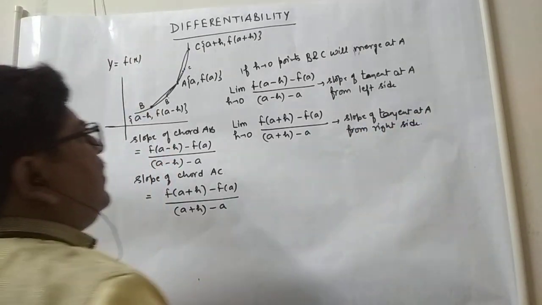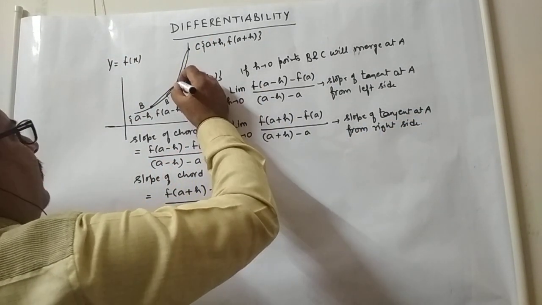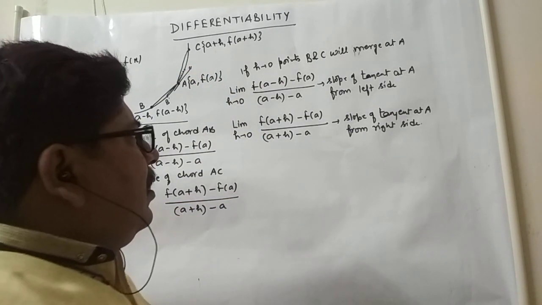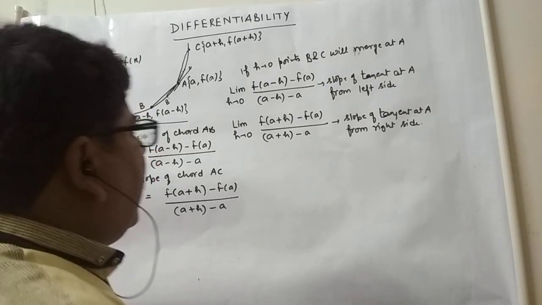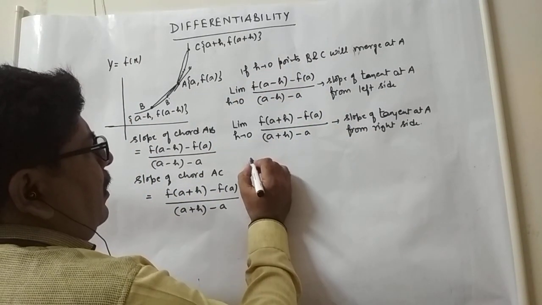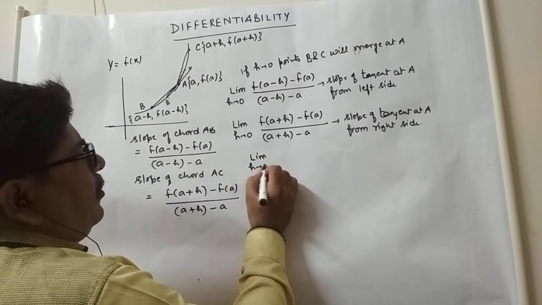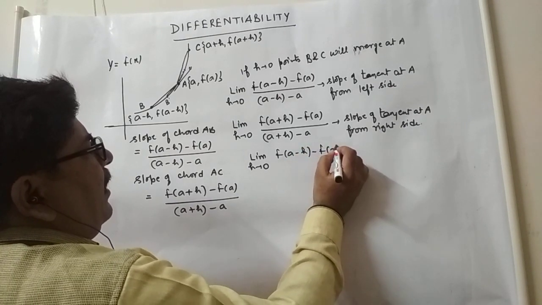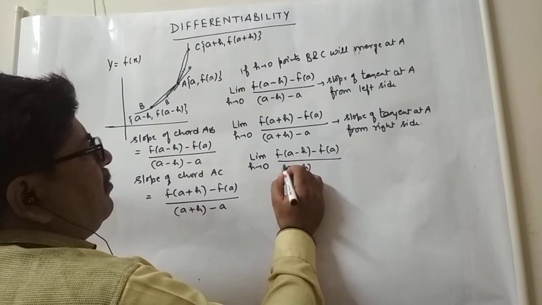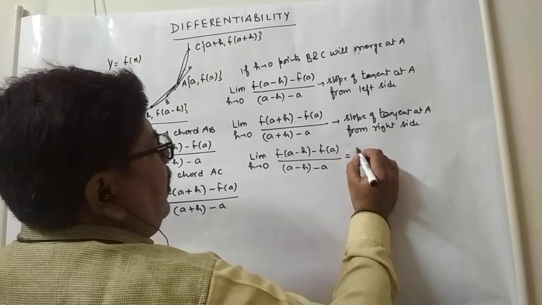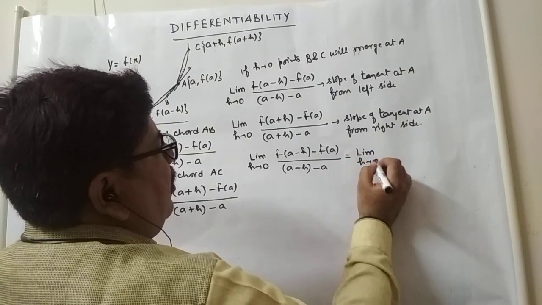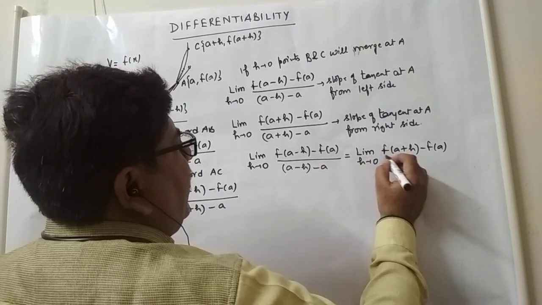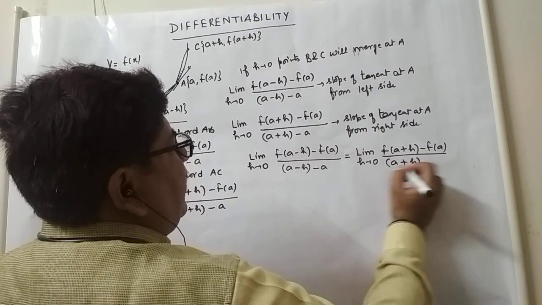Now, if these points merge at A, then this chord will behave like a tangent. So its slope should be unique. Hence, these two must be equal. Limit h tending to 0, f(a minus h) minus f(a) divided by (a minus h) minus a will be equal to limit h tending to 0, f(a plus h) minus f(a) divided by (a plus h) minus a.